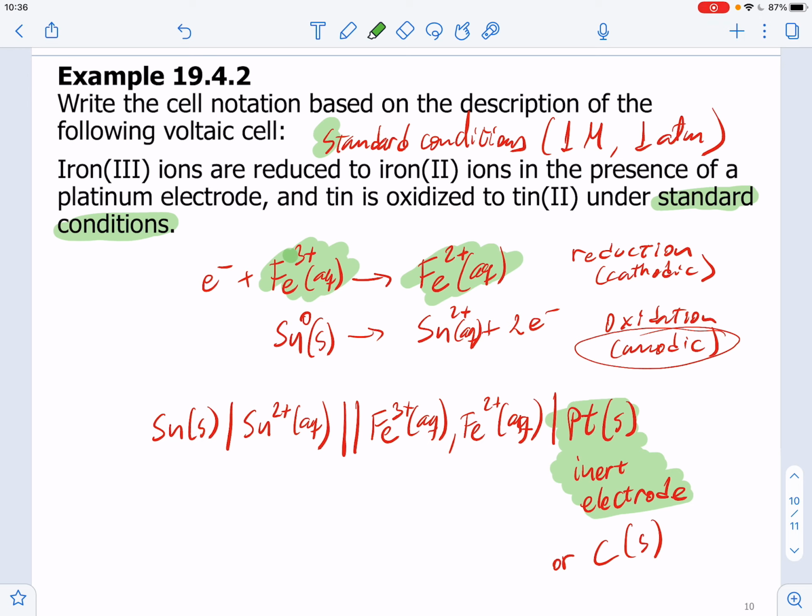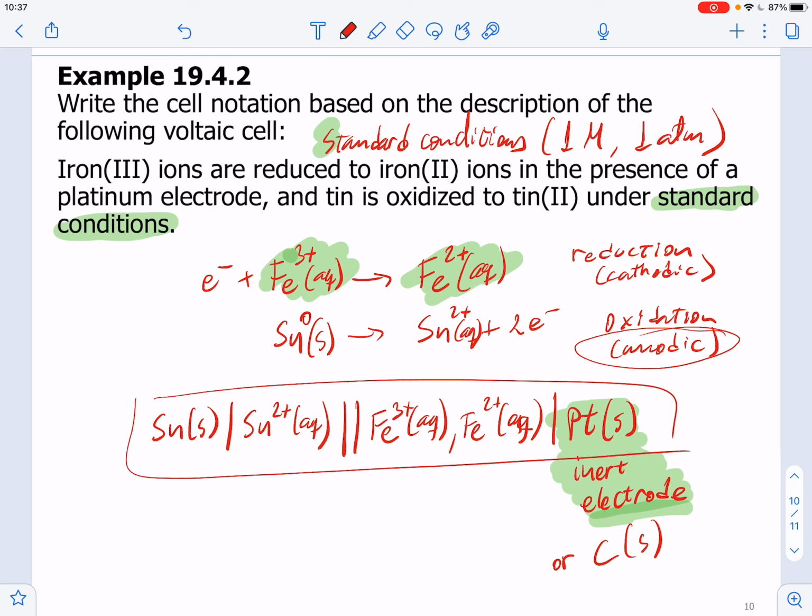Remember, the electrons are coming from a wire, so somehow you need to transfer those electrons into the solution, to whatever it is that is reacting. So that electrode is the one providing the surface, and if you don't have something that participates in the reaction that is a solid, then you need to use an inert electrode. So this is our final standard cell notation for this particular reaction.